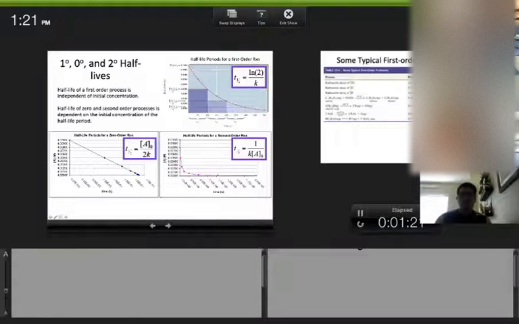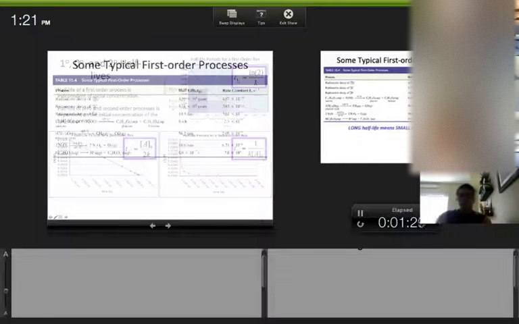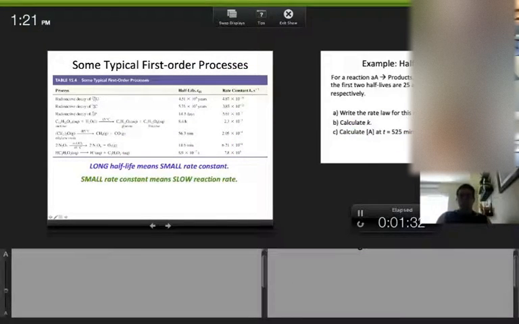It's only for first order that those half-lives are equal. And that was one of the problems that we did in the worksheets. Examples of first order. So if it takes a long time to decay in half, then that means its rate constant is small. If it has a small rate constant, then it's a slow reaction.